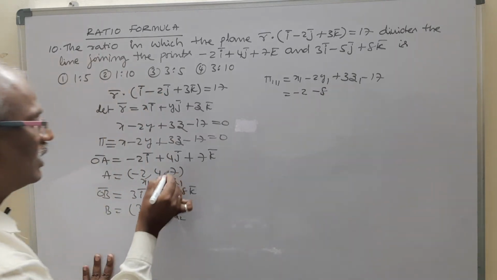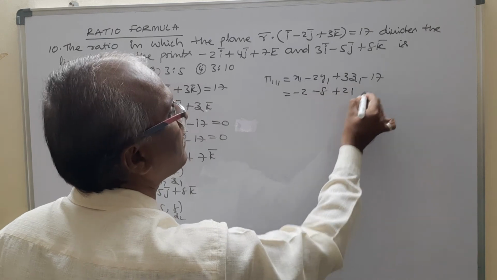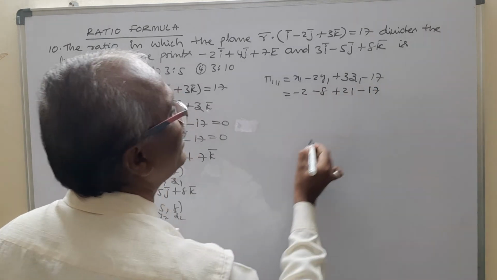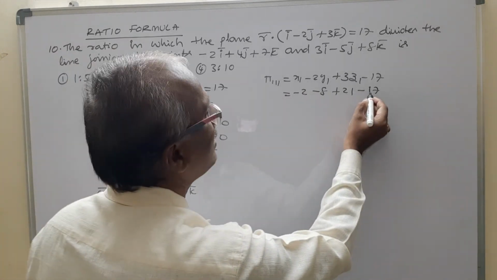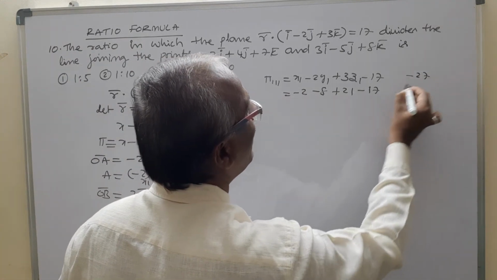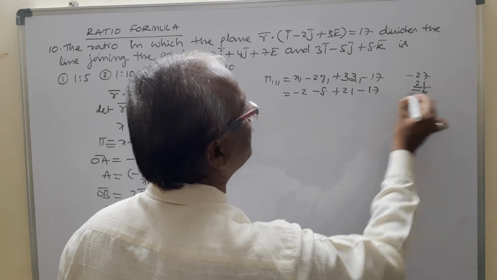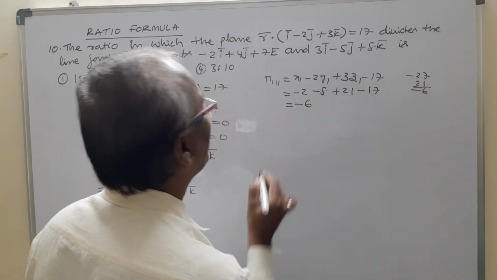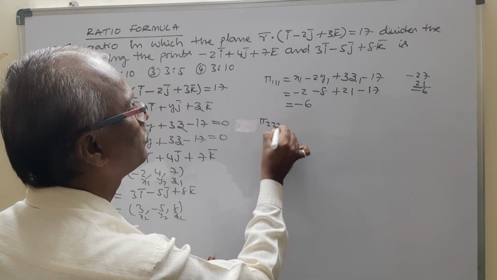Here z1 is equal to 7, 7 threes are 21. Minus 2, minus 8 is minus 10, minus 17 is minus 27, minus 27 plus 21 is minus 6. The result is minus 6.